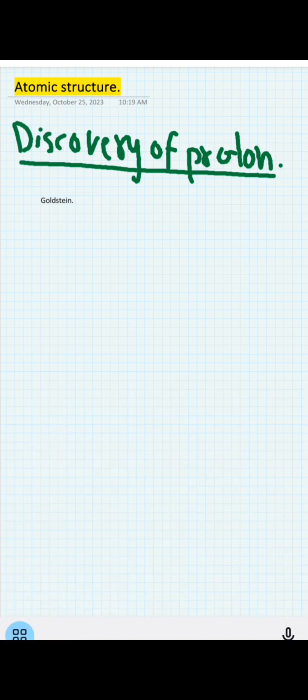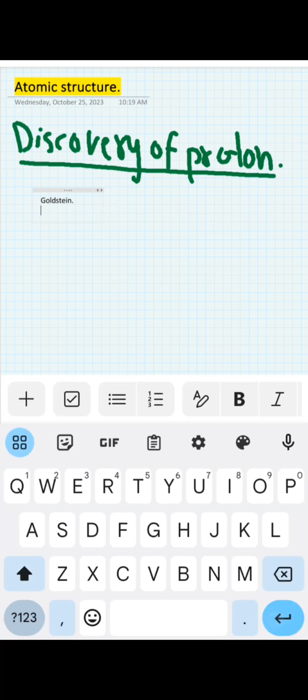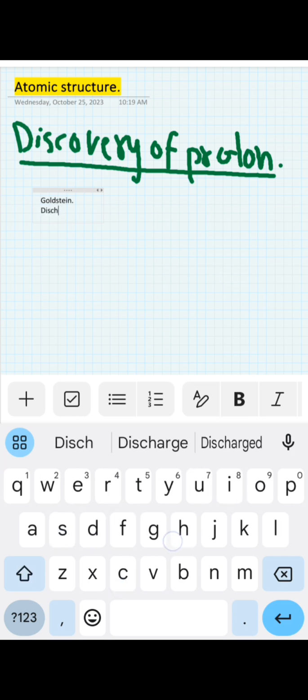Goldstein was the scientist who discovered the proton. What he did was make a change in the discharge tube.